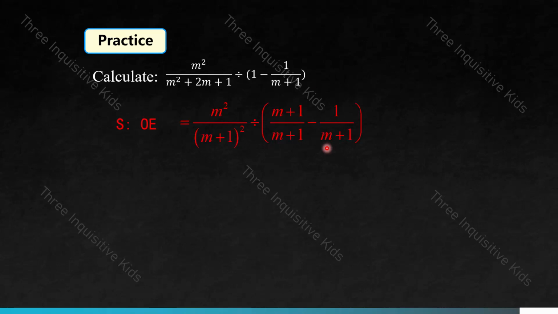This is something that you need to get used to in math, because sometimes making a number a bit more complicated might actually result in the operation being simpler. By turning a 1 into something a little bit more complicated, it makes it easier for us to subtract. So our final answer would be m over m plus 1.